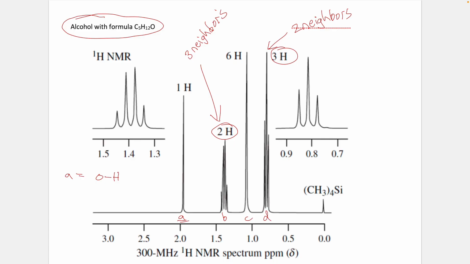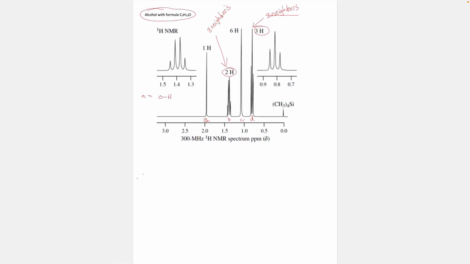Let's look at C first of all, because I think C is maybe a little easier to get. There are 6 protons here that are all exactly the same. How could you get 6 identical protons in a molecule, do you think? Just looking for ideas. Yeah, I mean, they could be in some sort of molecule that's got a chain. And usually what I do when I see integrations, I think multiples, like this 6 is a common multiple of 3. So there's 3, 6, 9. That's the way identical methyl groups come.